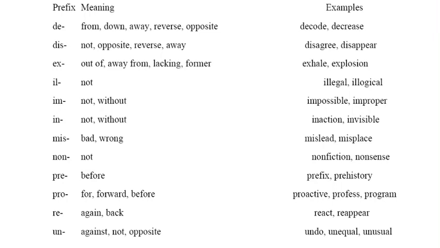And then in, not, without, like inaction, invisible. Next we see mis, meaning bad, wrong, like mislead, misplace. Then we can find another, non. Its meaning is also not, like fiction, non-fiction, sense, nonsense.